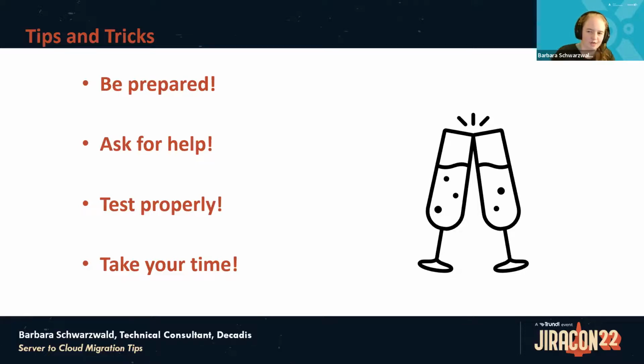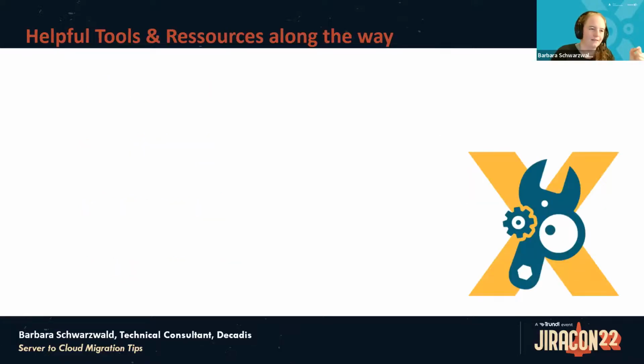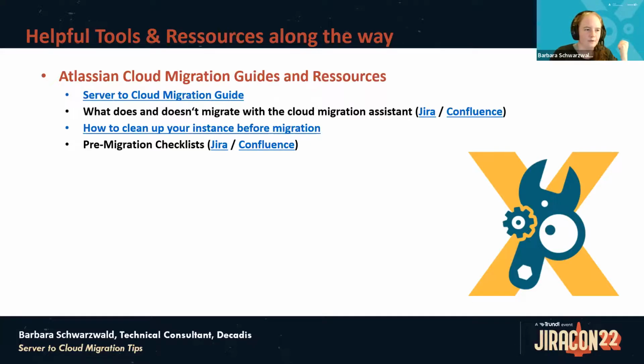So this is the more general information, but there are also a lot of concrete helpful tools and resources along the way to help you. So one is from Atlassian itself. Atlassian has a huge migration hub with guides, with an exact list of what does and does not migrate if you use the cloud migration system, both for Jira and Confluence.